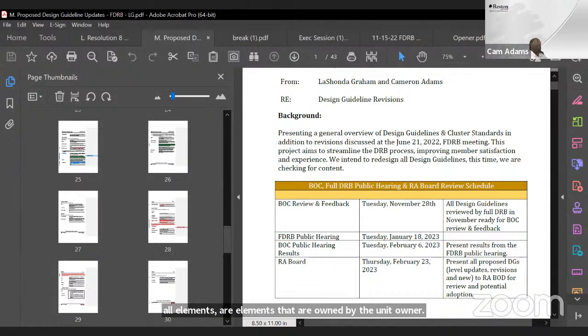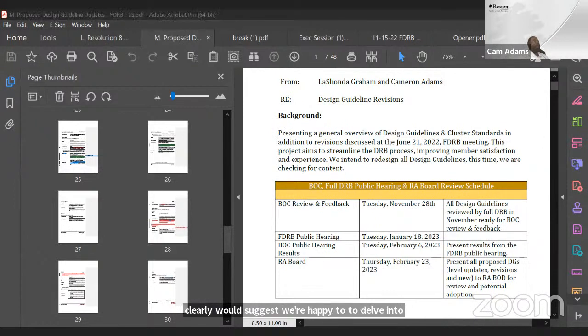And so we'll need to be mindful of ensuring that the language is generalized. Because we would expect the condo association board to follow the same rules that we would expect condominium unit owners to follow as well. So if that's something that you're interested in, which I clearly would suggest, we're happy to delve into that and make that a 2023 goal.